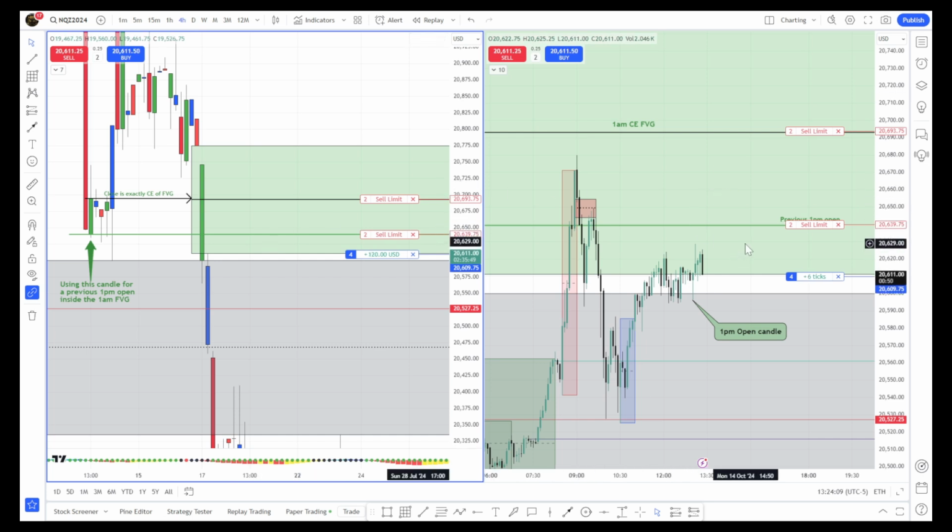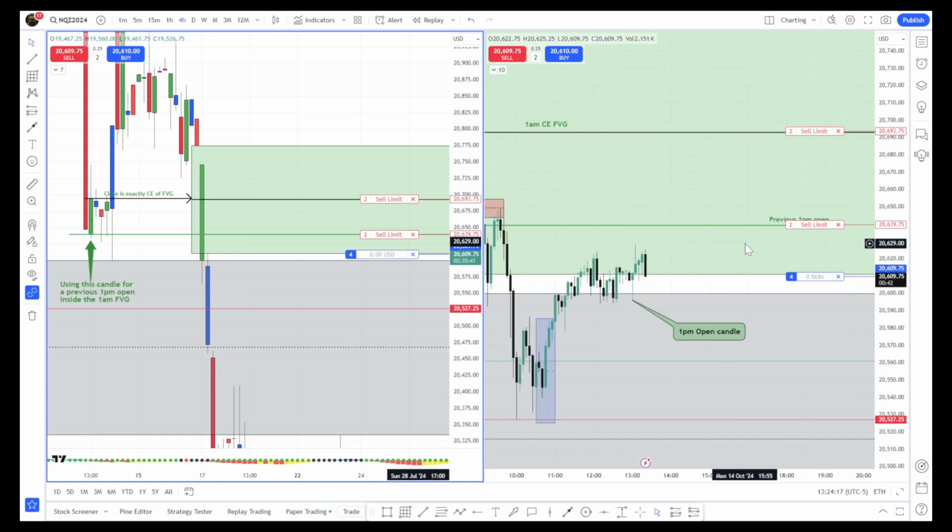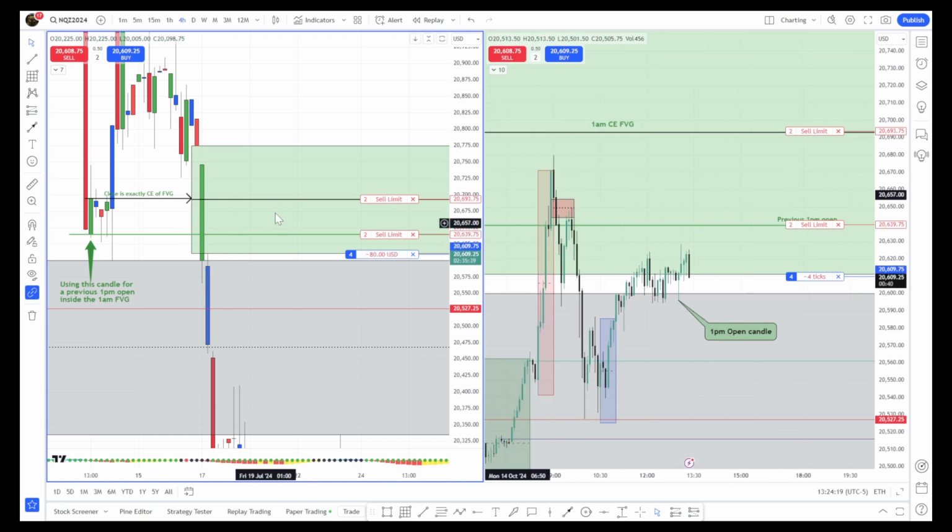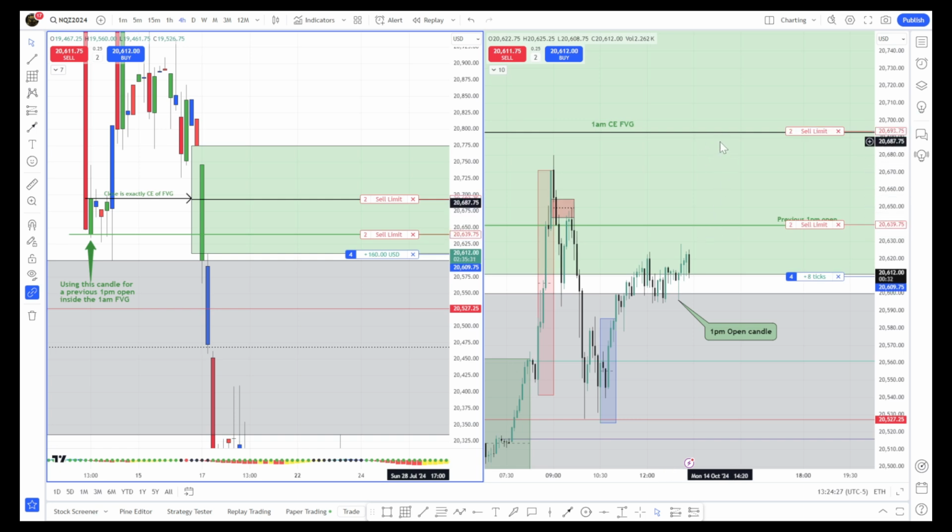So as I'm looking for price to deliver this candle with this 1 p.m. open, I would like to see us get to the CE of it. There's a lot of time in this candle.